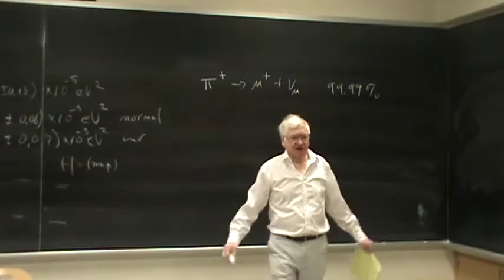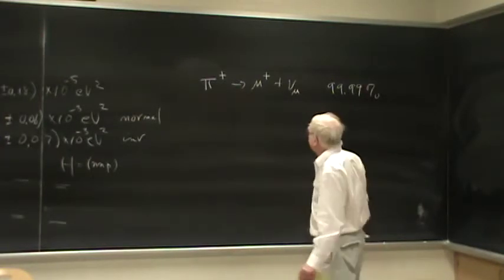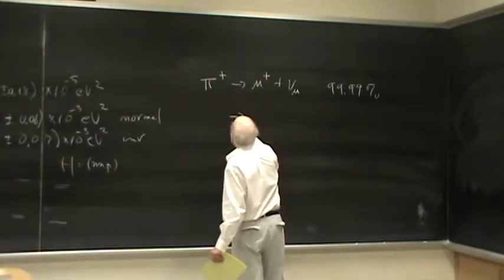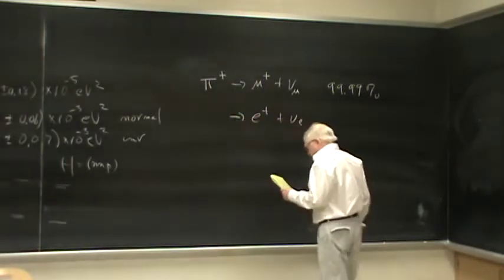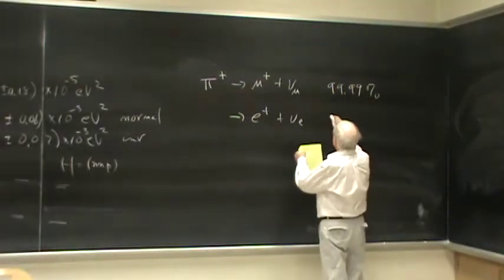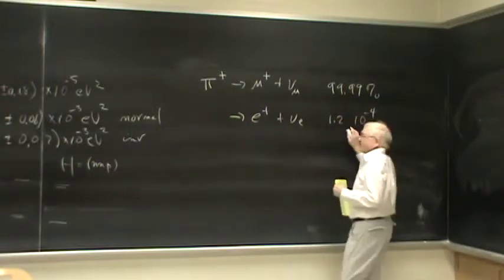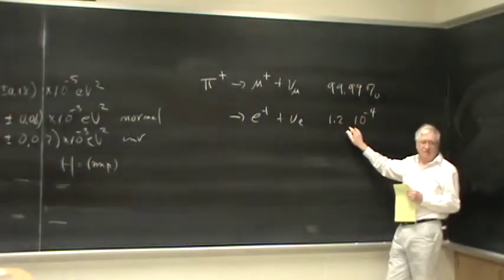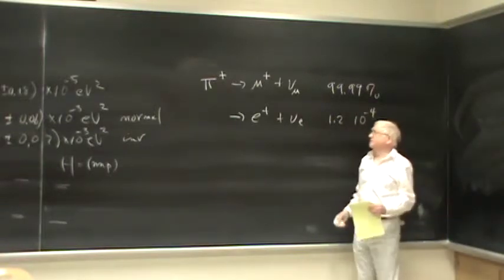And you'd say, fine. Until you think a little bit and you say, well, wait a minute. What about e plus nu e? Well, let's see. What is that? That is 1.2 times 10 to the minus 4. That's the branching ratio. And now you look at phase space.